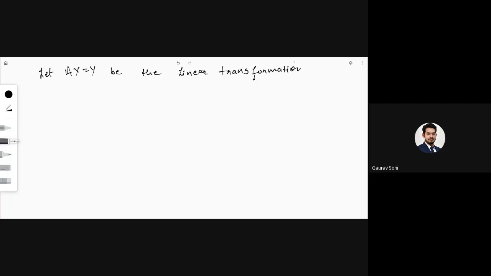Then every square matrix A defines a linear transformation.